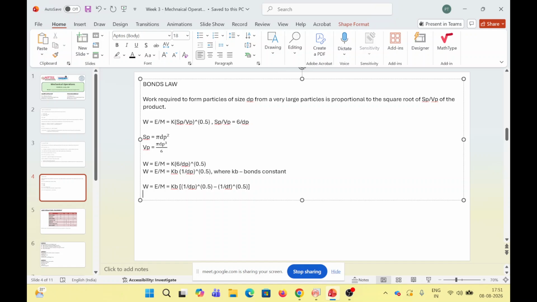So now we have something called Wi, which is nothing but the work index. Here we are talking about the work that is actually required for crushing the material. Based on this, we define a term called the work index. The work index is the gross or the total energy. This is specific only to Bond's law, and it is not defined in the case of Kick's law or Rittinger's law.